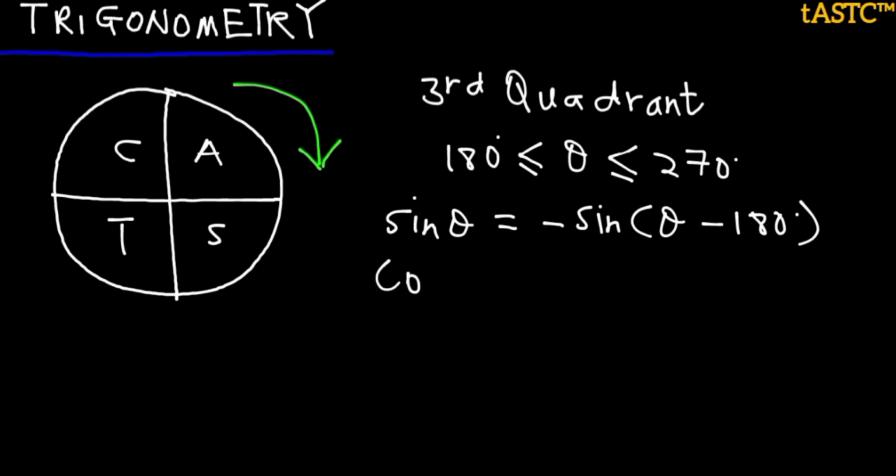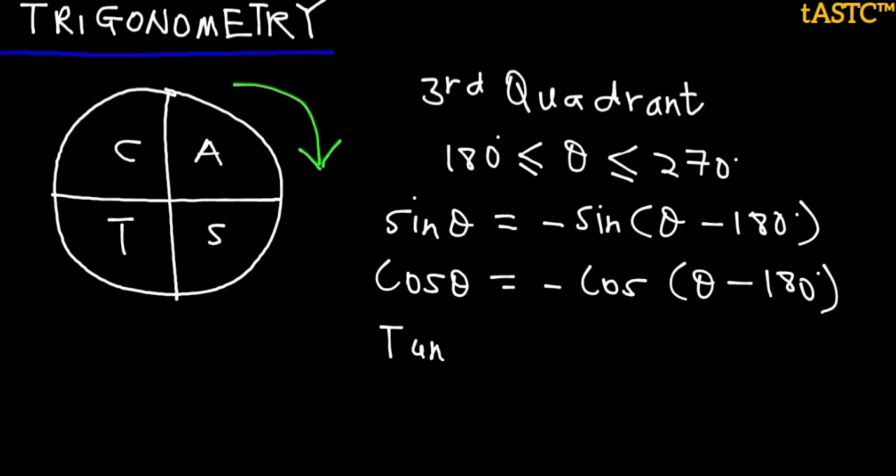Next up, we need to find out the cosine of it. That would also give a cosine theta minus 180 degrees. Now tan theta is going to give us a positive in this case. So that will be positive tan theta minus 180 degrees. So this is basically it for the third quadrant.